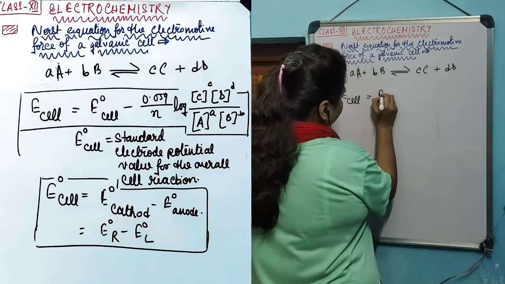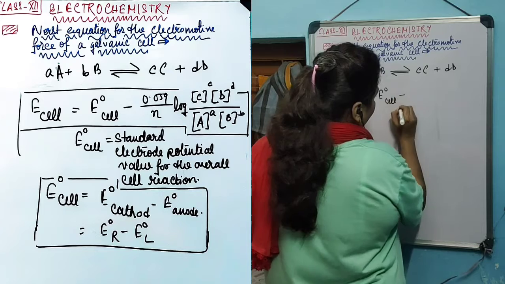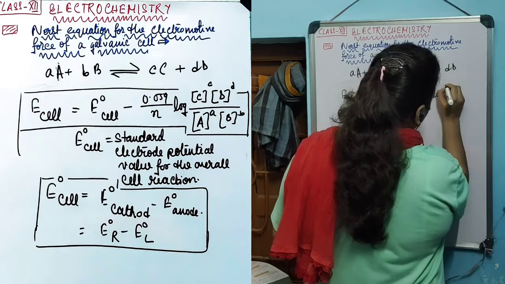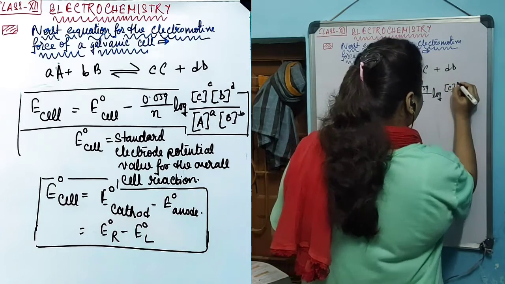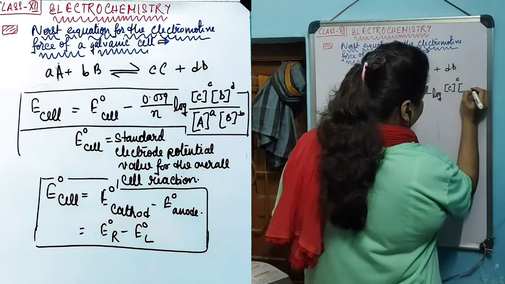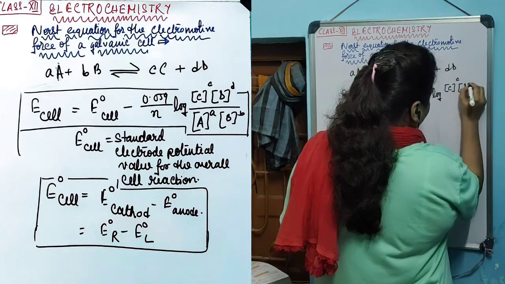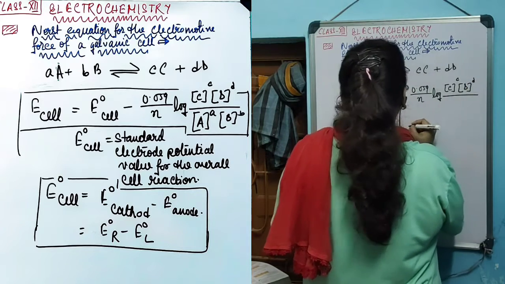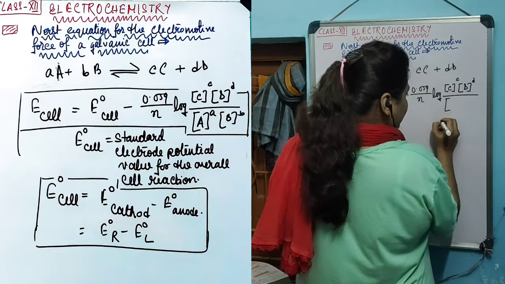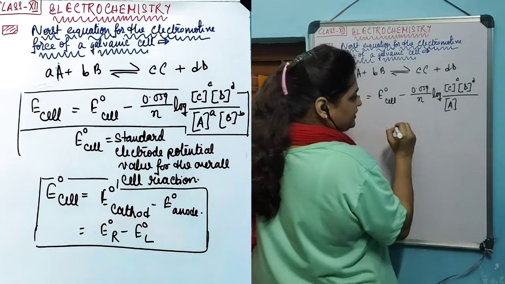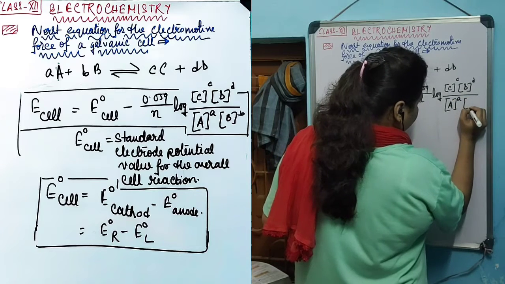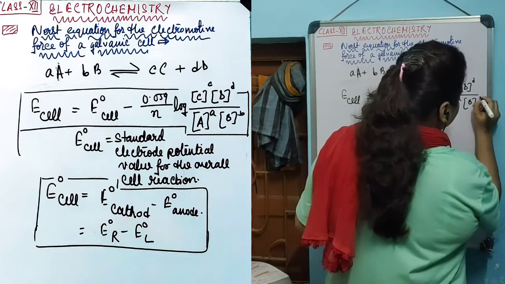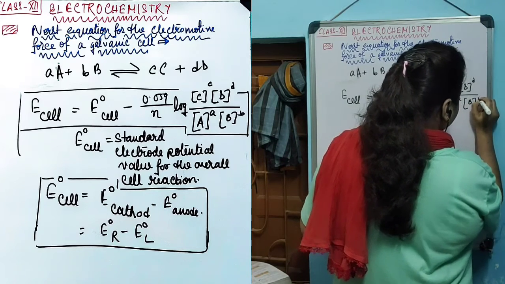So the potential value of the overall reaction, E cell, is given by E equals E naught cell minus 0.059 by n log of the concentration of product C raised to the power stoichiometric coefficient c, multiplied by the concentration of product D raised to the power stoichiometric coefficient d, divided by the concentration of reactant A raised to the power stoichiometric coefficient a, into the concentration of reactant B raised to the power stoichiometric coefficient b.